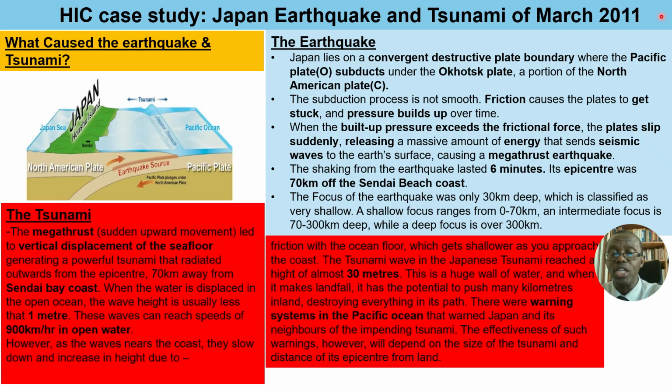So it's going to eat up the distance between the epicenter and the land very quickly. So even where people are warned, they may not have sufficient time to evacuate the area, and this unfortunately can lead to a lot of damage to a coastal area.